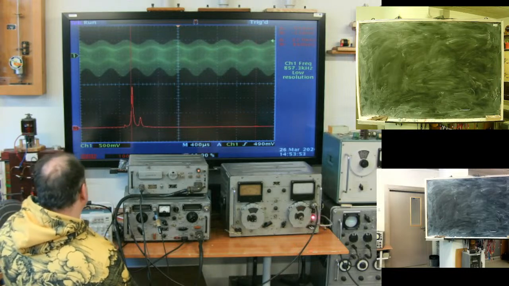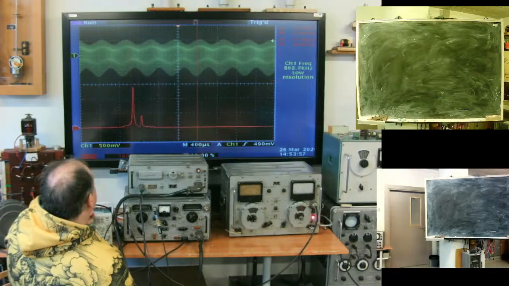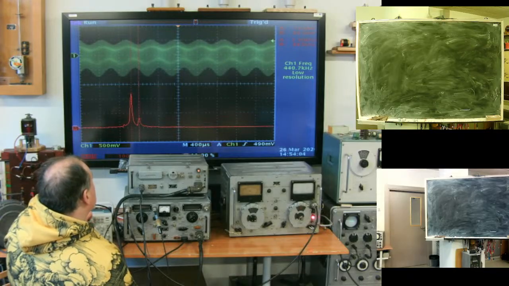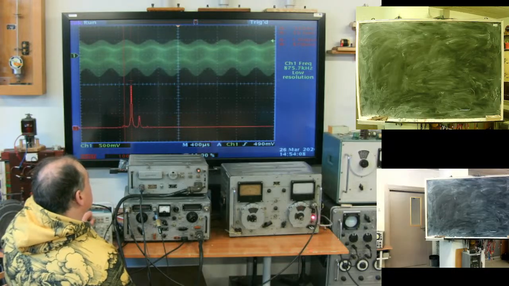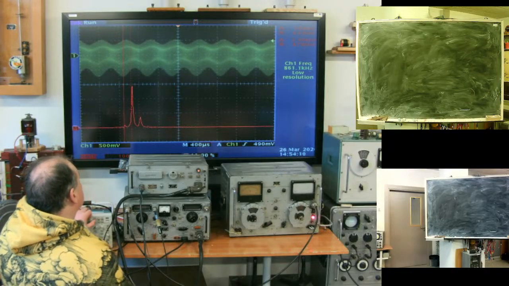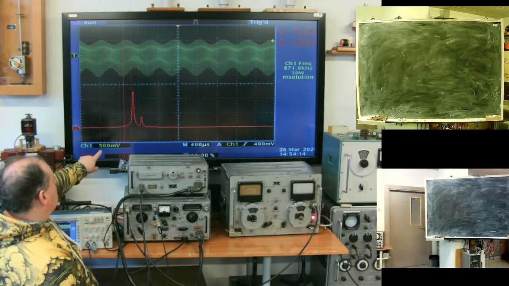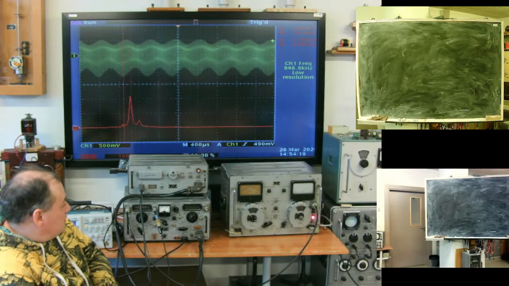Central frequency, and where is the second one? Difference between them: plus 2 kilohertz, and here the sideband is a bit crippled, minus 2 kilohertz. Amplitude modulated signal.